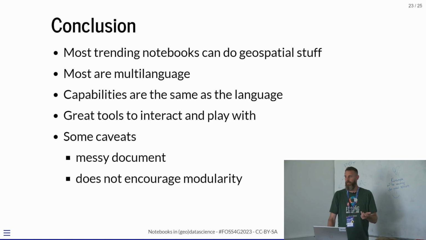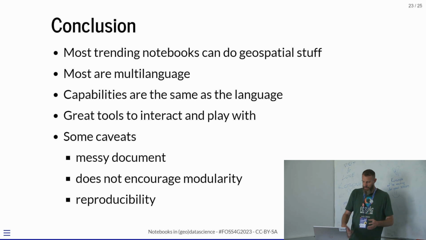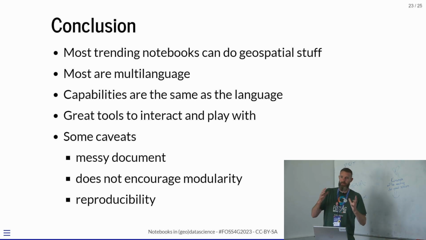It doesn't encourage modularity. So you have to take that into account and maybe rework afterward. You are in draft mode, and then you export your functions and create modules from them. And the reproducibility is quite good, but you have to take care of the software environment.